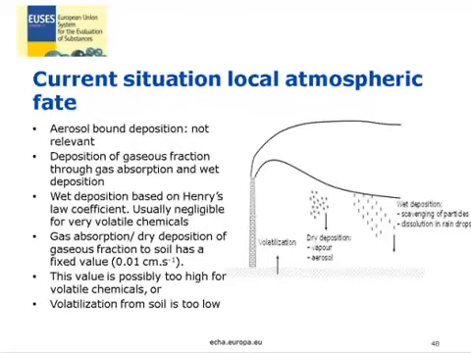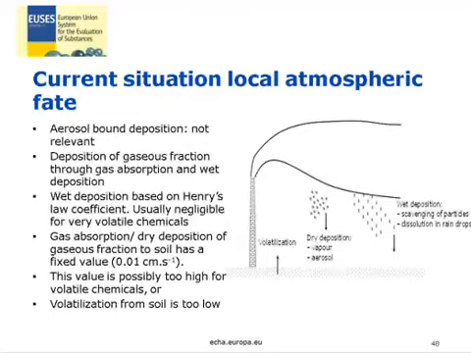So we have to look a little bit more in detail. It's possible that this standard factor is too high for volatile chemicals, and it also might be possible that volatilization from soil may be too low. Volatilization from soil is included in the EUSES calculations.